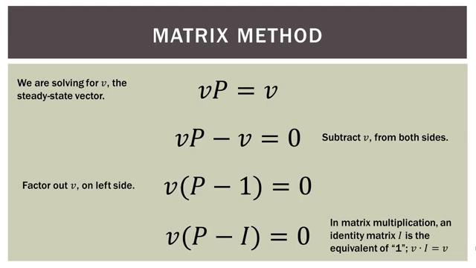For the purposes of this, 1 and I are functionally the same in terms of multiplying. So now we have this nice equation, V times P minus I equals 0, and we have all that information except for V, which is what we're trying to find.